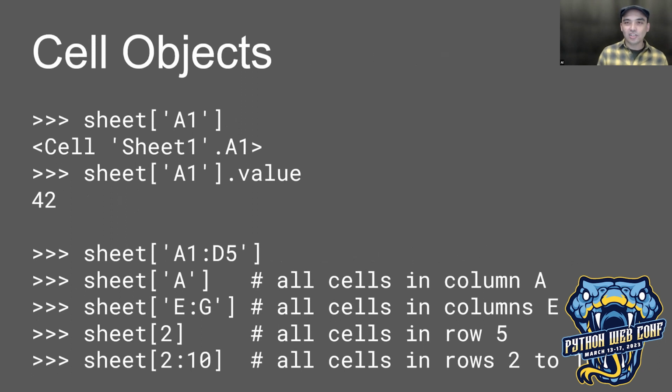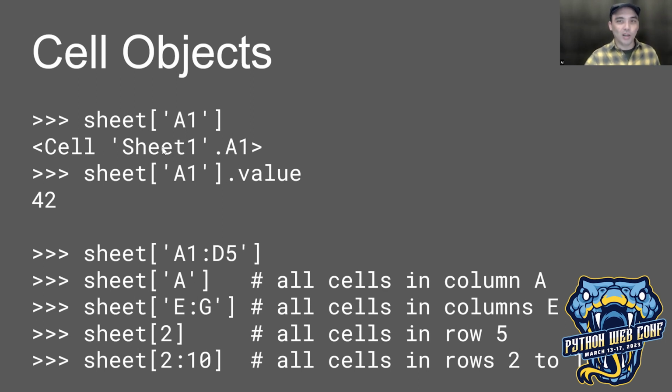And then each sheet contains cell objects, and there's going to be one cell object per cell coordinate, like A1 right here. Now, if you grab from the sheet object, you just pass in the cell coordinates here, that's going to give you the cell object itself.